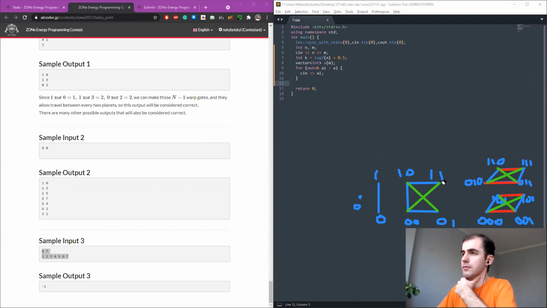I really hope that the only ways to separate it are to cut through the hypercube. And what it means, if you take a closer look, is this.